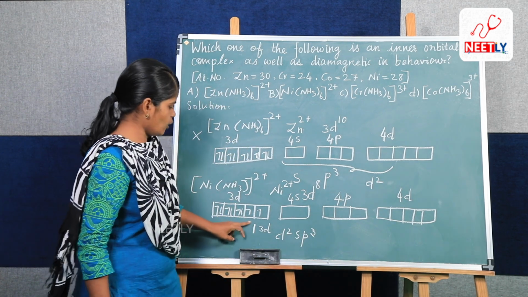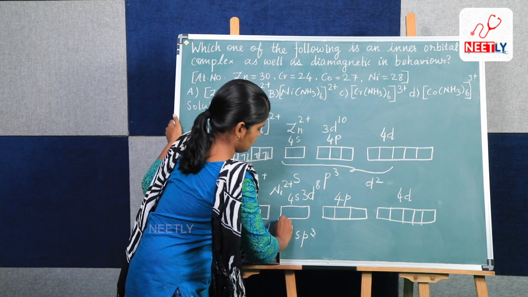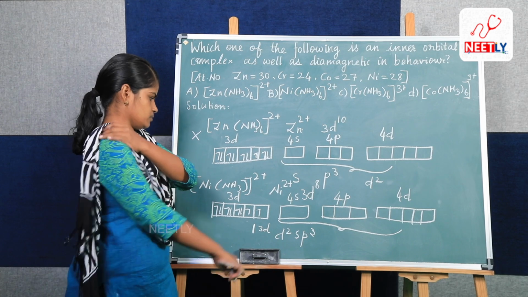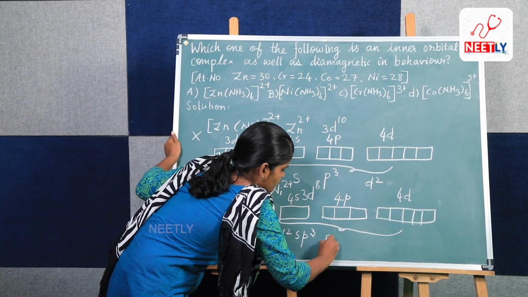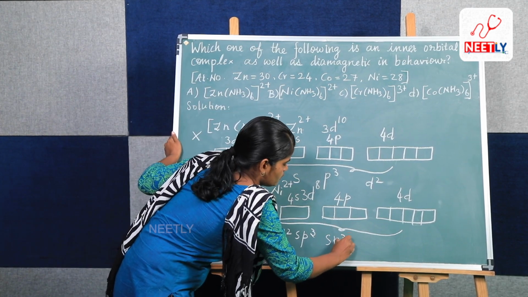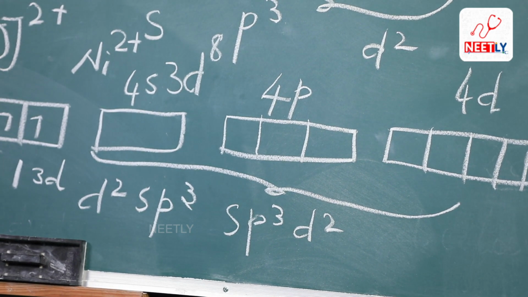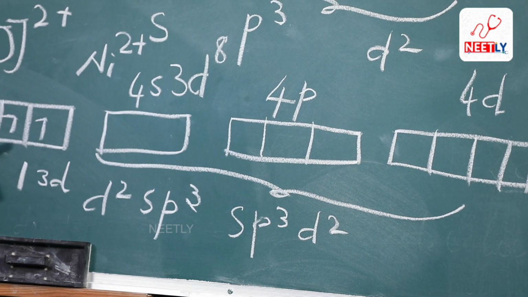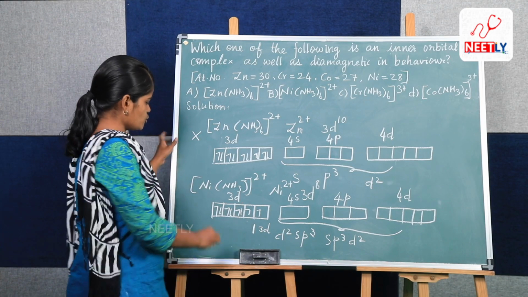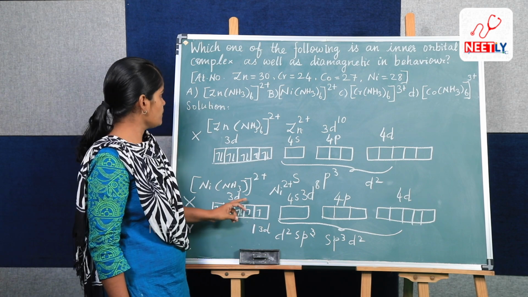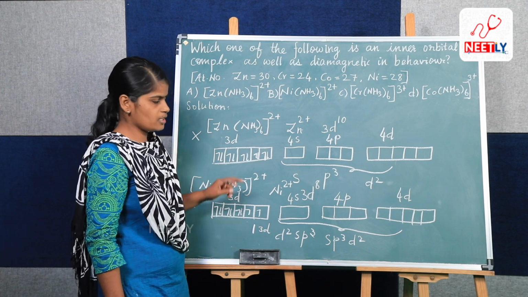So, this will not get paired up. So, this can only form the outer orbital complex, that is sp3d2. So, this is an outer orbital complex and it is paramagnetic in nature. This is also wrong, since in the question it is asked to find out an inner orbital complex which is diamagnetic in behavior.